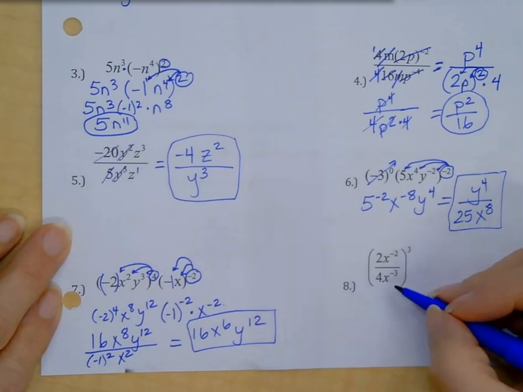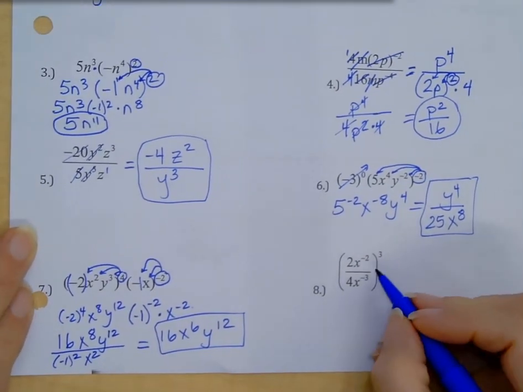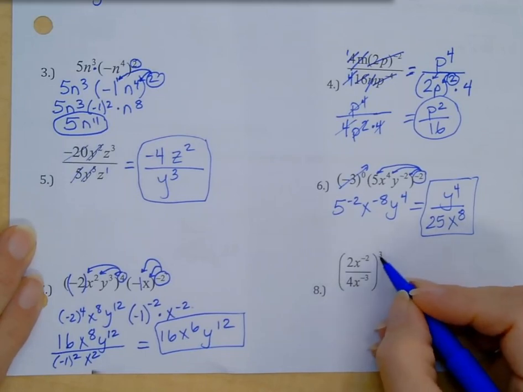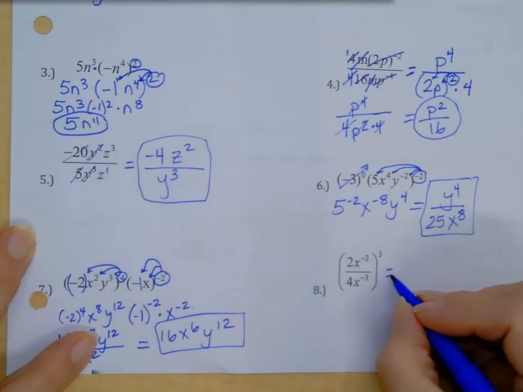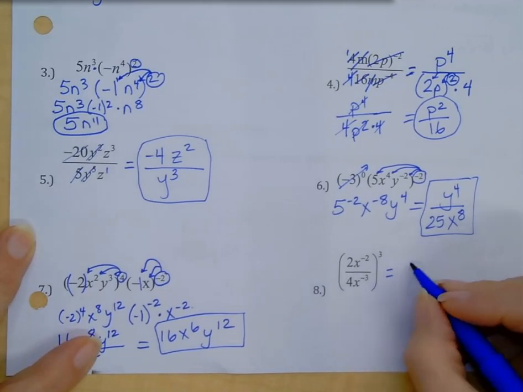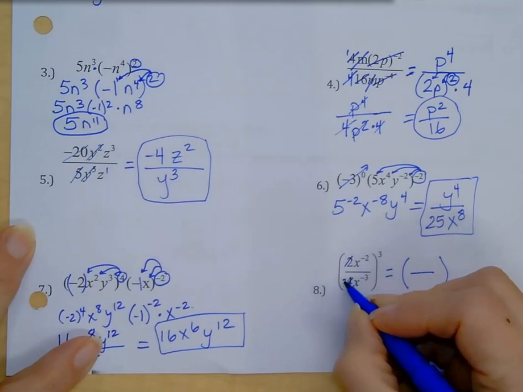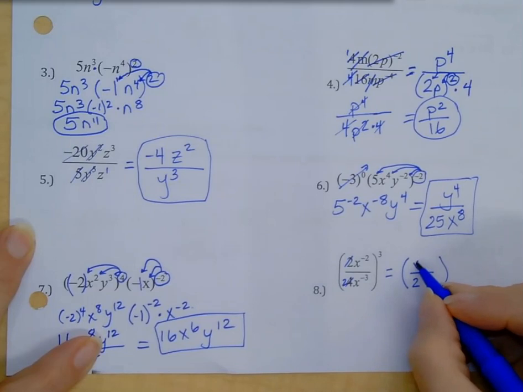All right, if we have a fraction inside of parentheses and we are raising it to some power, you can simplify your fraction first if you want to. Or you could distribute this outer exponent to every single factor that's inside. I'm going to simplify first. That is, I think, what I typically do. So this is going to be inside the parentheses. 2 over 4, of course, becomes 1 over 2, right? So I'm going to have 2 in the denominator. I'm going to go ahead and move my negative exponent, guys.